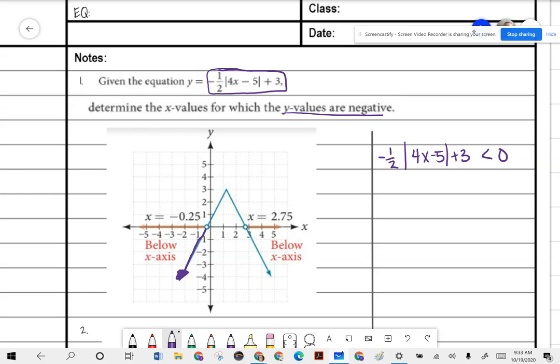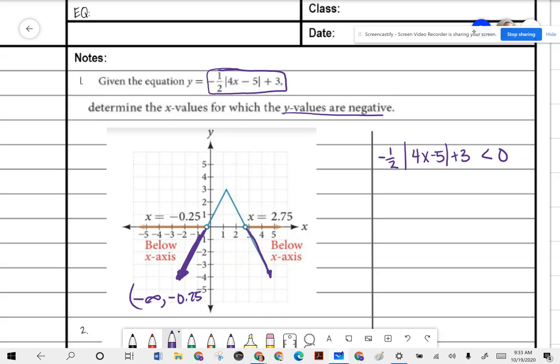So it's already graphed for you, right? It already tells you that this is the x value at negative 0.25, 1/4, and then the positive 2.75. So the x values that would indicate below the x axis are going to be all of the x values from negative infinity all the way up to negative 0.25, right?